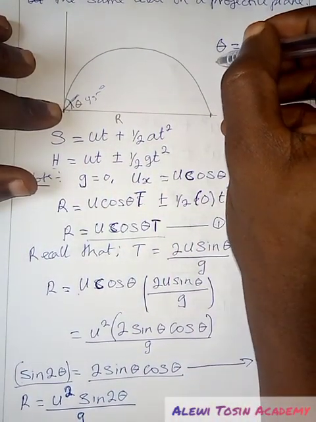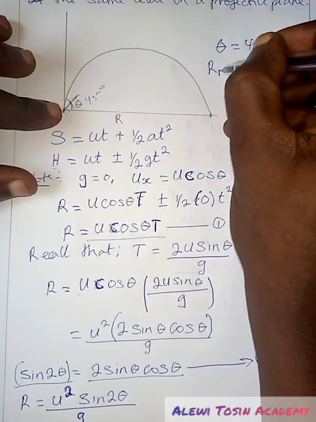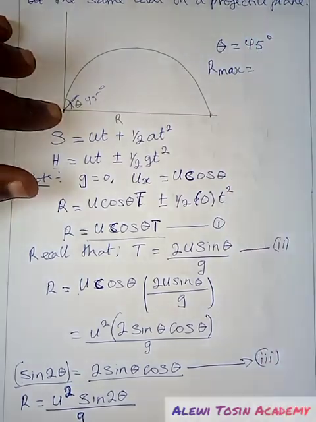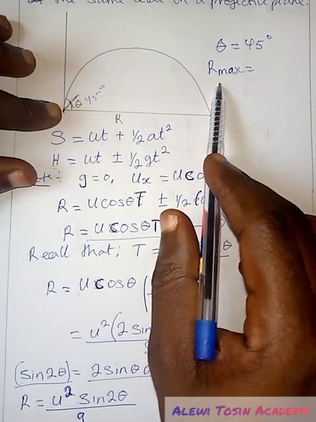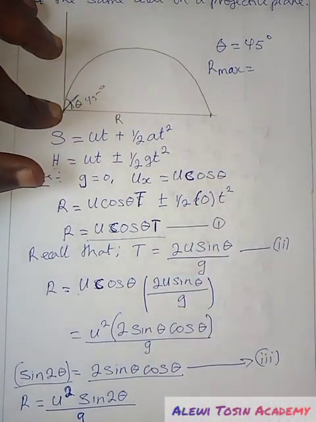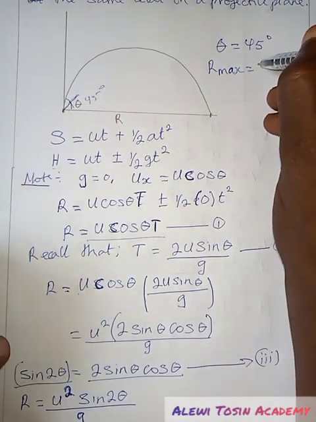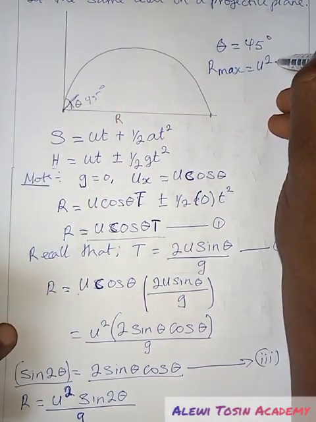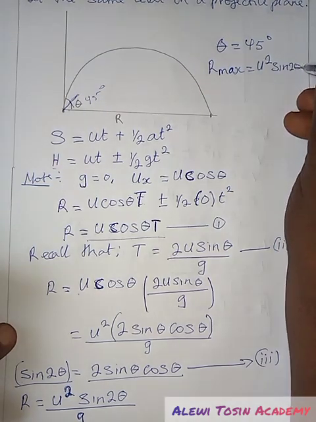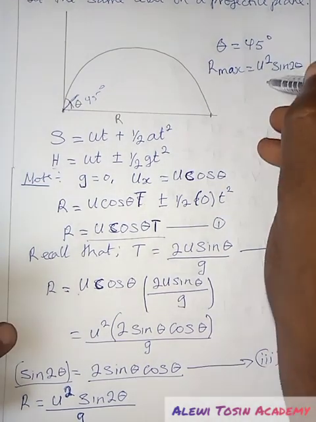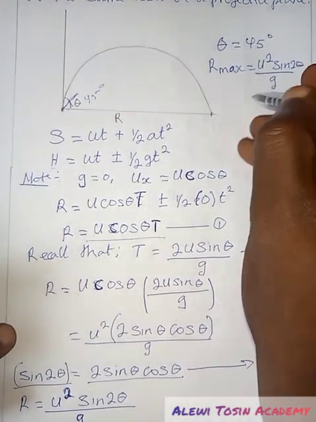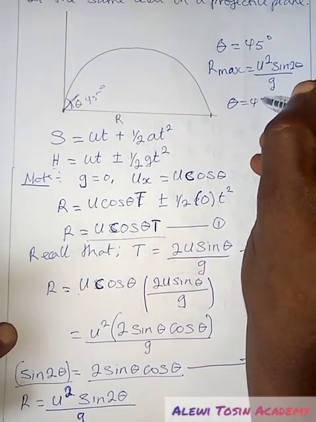We denote maximum range by R max. Then R max is equal to u square sine 2 theta over g, where theta is 45 degrees.